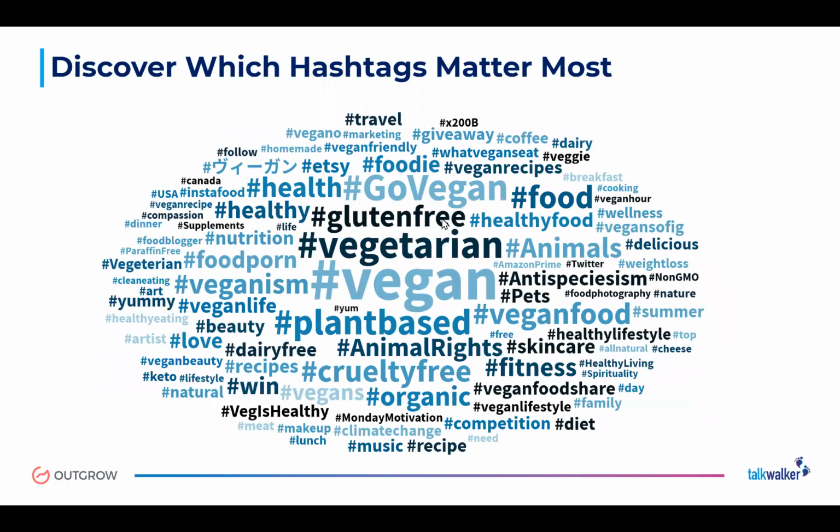Some other things you can do with social listening: you can discover which hashtags matter the most. When you're creating content or looking for the next big thing, hashtags can tell us what people are talking about and what keywords are relevant. Based on this same query, we can see that food-related topics such as gluten-free, plant-based, cruelty-free are all heavily discussed by vegan and vegetarian audiences.